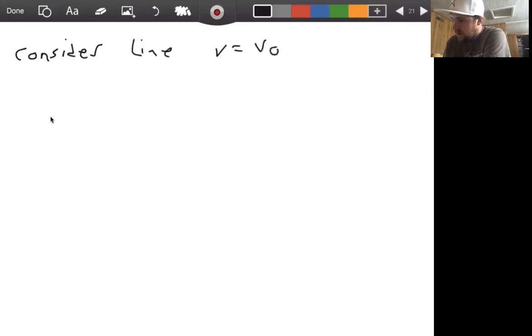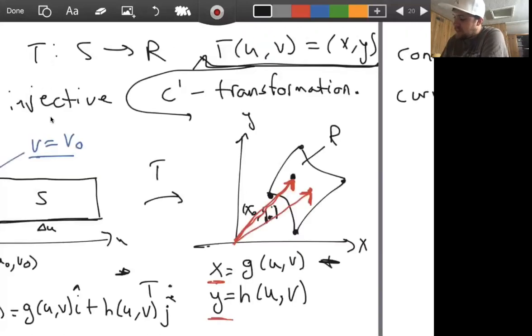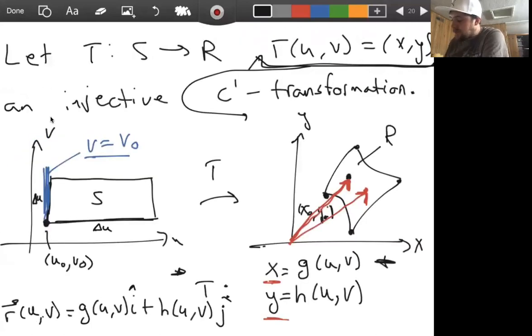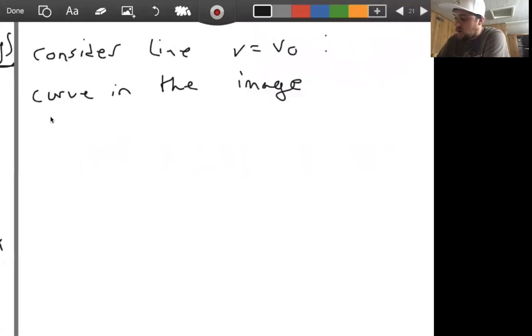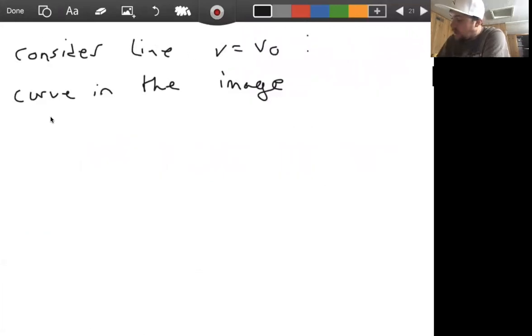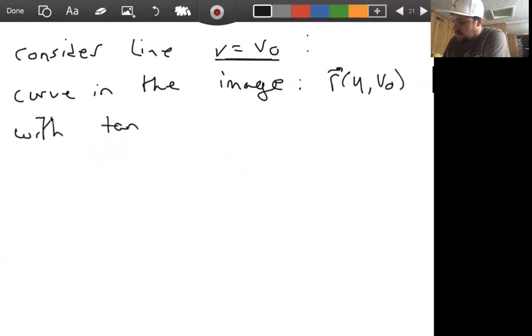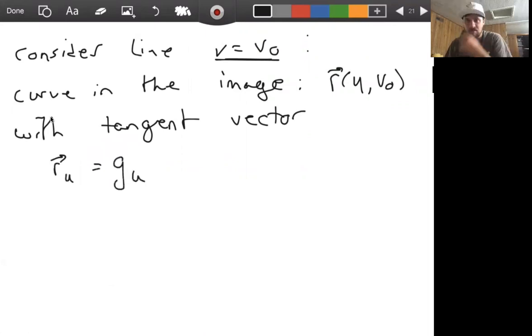This line is going to map to some curve in the image. And what is that curve in the image going to be? Well, we can calculate that by looking at the position vector U V naught, because it's along the line V equals V naught, with tangent vector R sub U equals, well, the tangent vector is going to be composed of the partial derivatives, right?